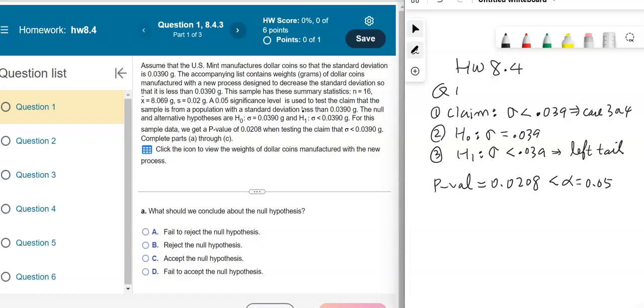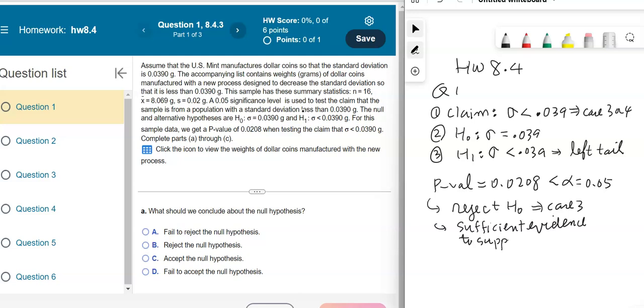Since the p-value is less than alpha, what we do, we reject the null hypothesis, right? So this makes it case 3. So the final conclusion would be sufficient evidence to support the claim.